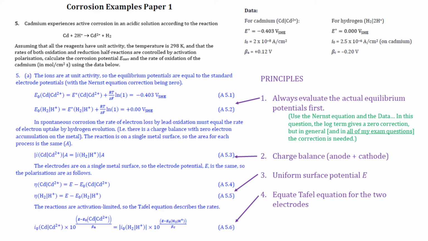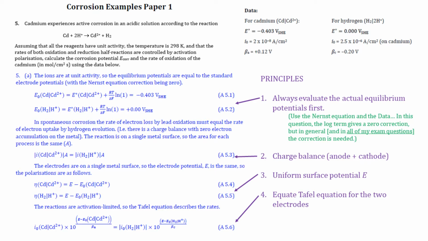So that always means start by writing down the Nernst equation as equations A5.1 and A5.2, so that you find out the actual equilibrium potential for the cadmium electrode and for the hydrogen electrode in this question. You need to do this because equilibrium potential is what matters for doing kinetic calculations.